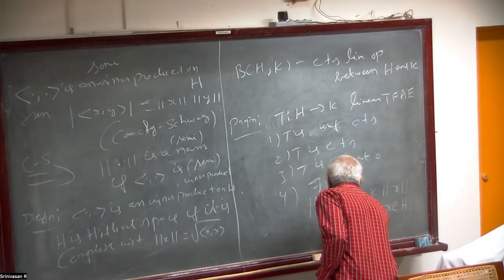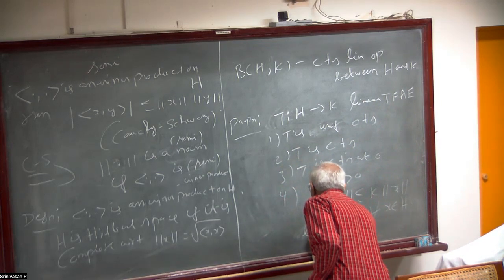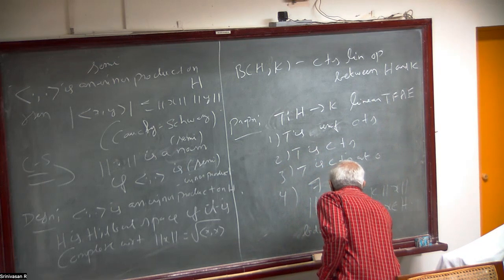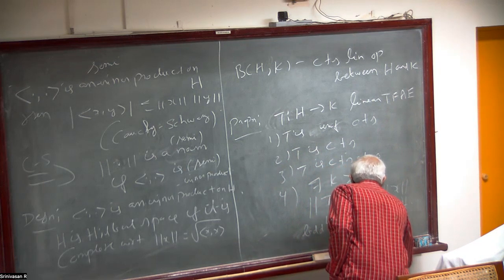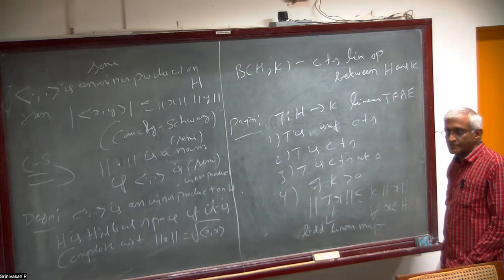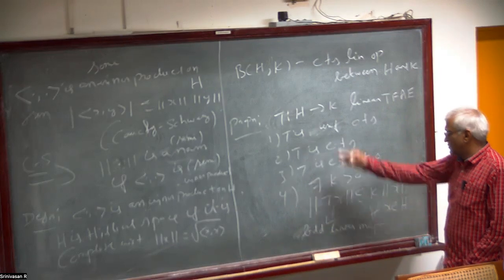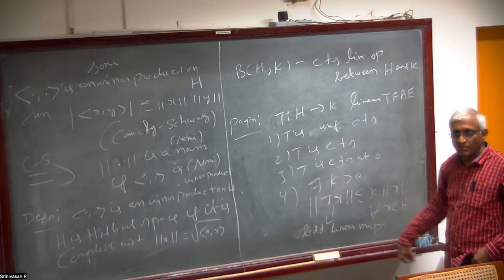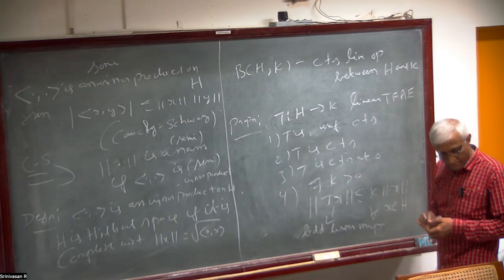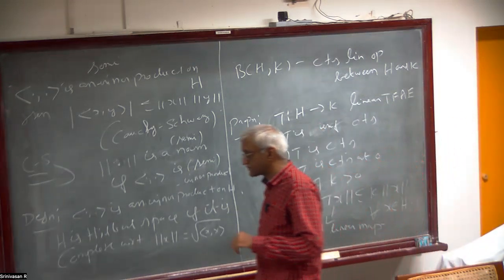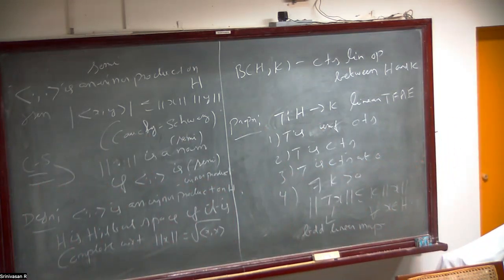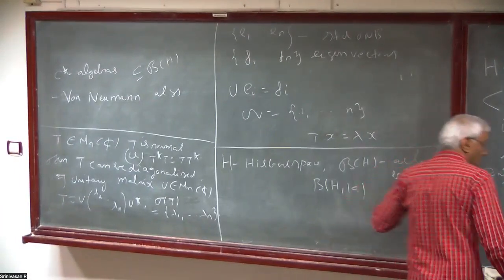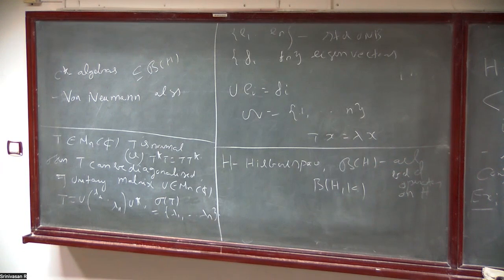If something satisfies this condition, it is called bounded linear. I hope you have seen the proof of this. And we define the norm for an operator.